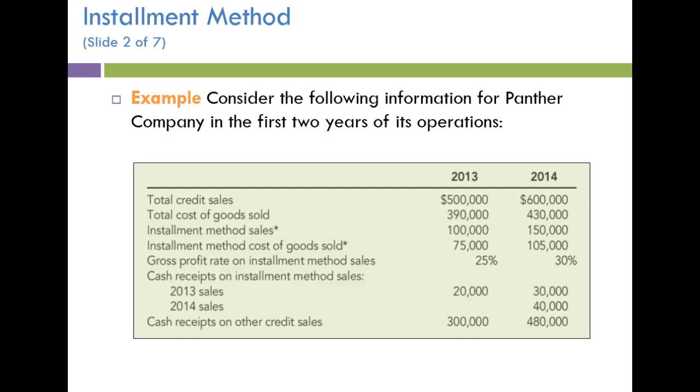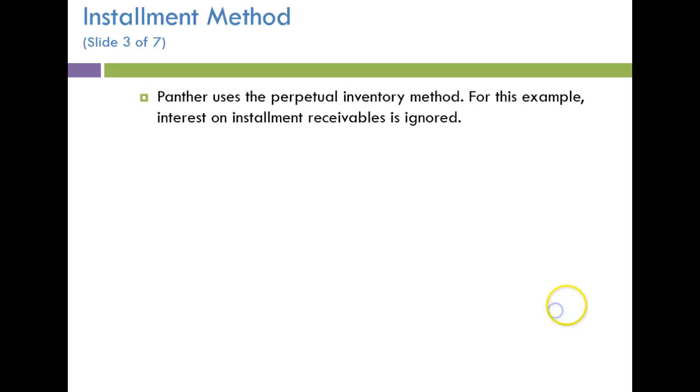So out of that 150, they got 40 of it in 2014. How much of that 40,000 is going to be recognized as profit? How much? 30%, or $12,000, right? Do you guys understand that? How many understand it? How many would like me to explain it again? Okay, let's just keep going on here.